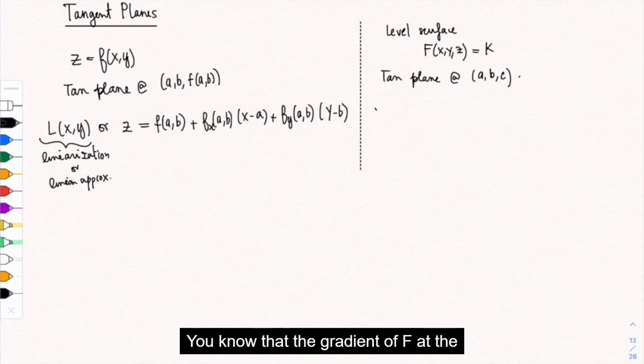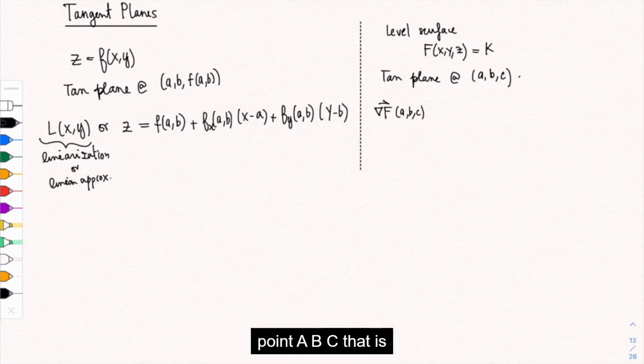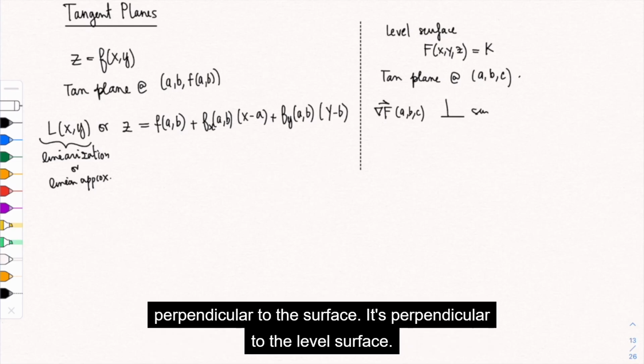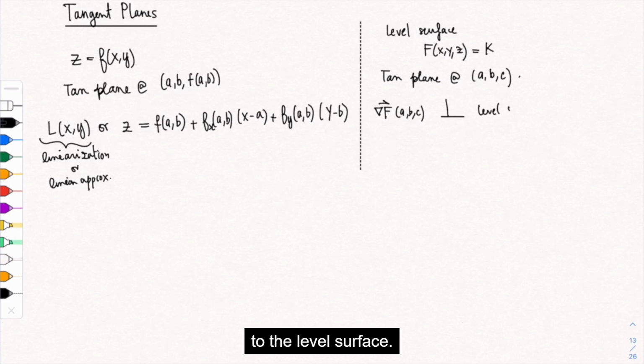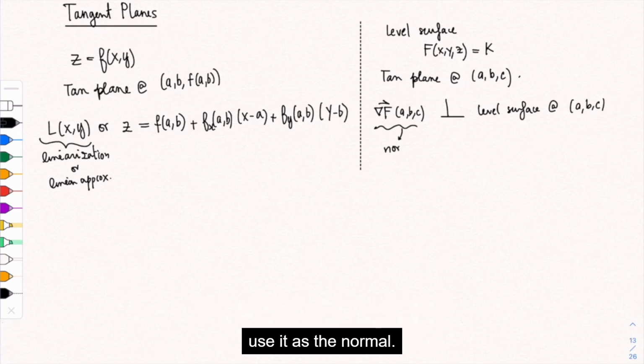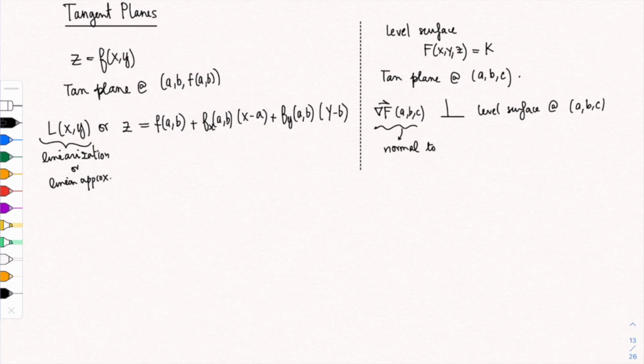You know that the gradient of f at the point (a, b, c) is perpendicular to the level surface at the point (a, b, c). Therefore, the gradient vector, we're going to use as the normal to the tangent plane.